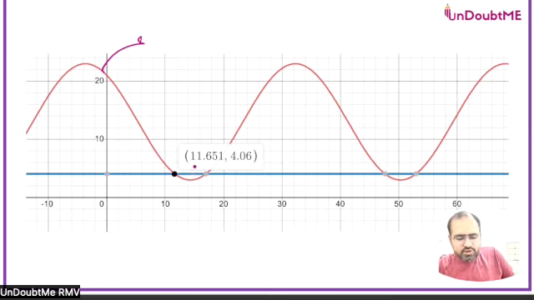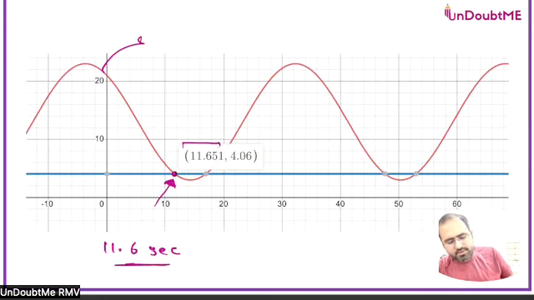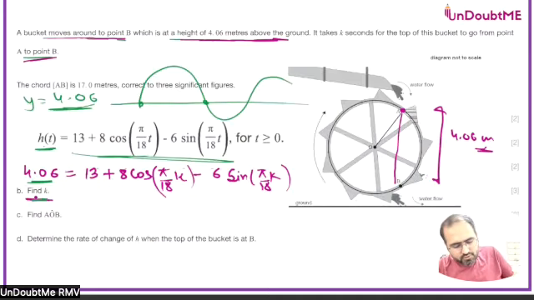Now these points, for sure, will come again and again because it's a wheel. So the same height will be reached again and again, but we have to just talk about the first time when it reaches that point. So the answer will be 11.6 seconds. Okay, the value of k will be 11.6 seconds.